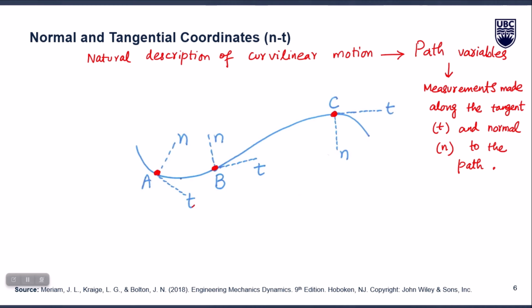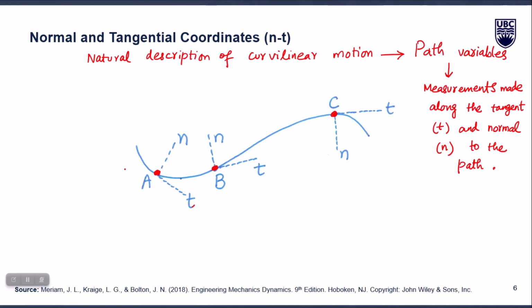Now the first thing you will notice when you compare it with the case of rectilinear motion is that our xy coordinate system was fixed and the particle was moving relative to the origin, right? So we use the position vector to describe the location. Now here our n and t axes are moving with the particle, so they are also changing their directions all the time as the particle moves along that path.